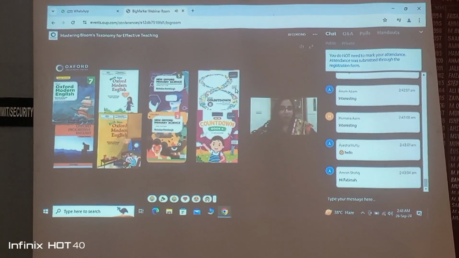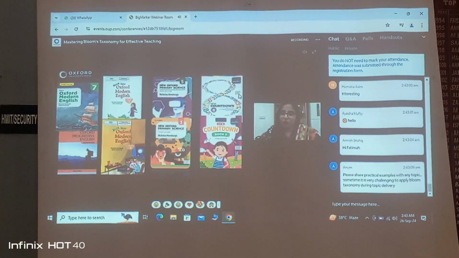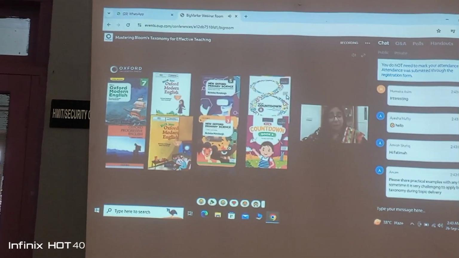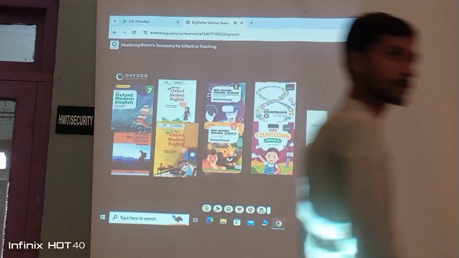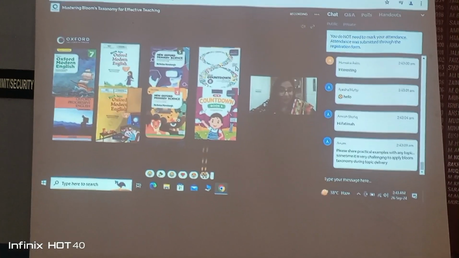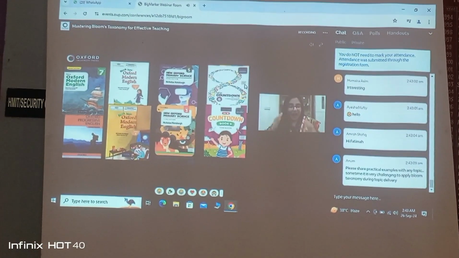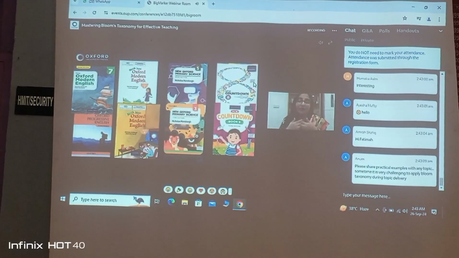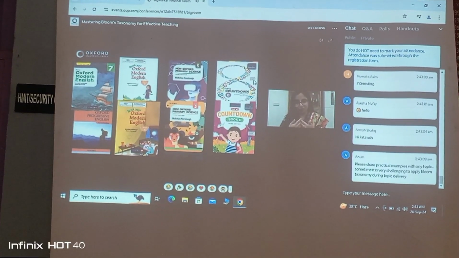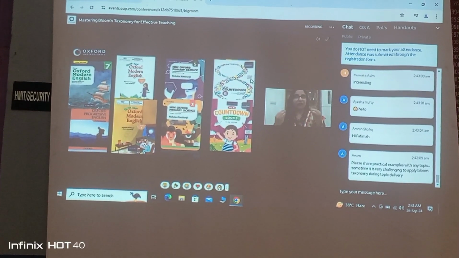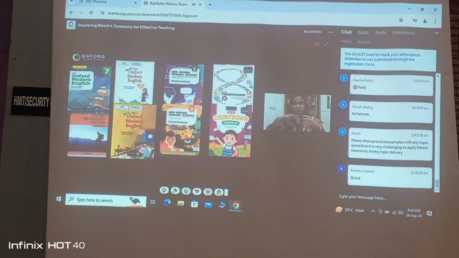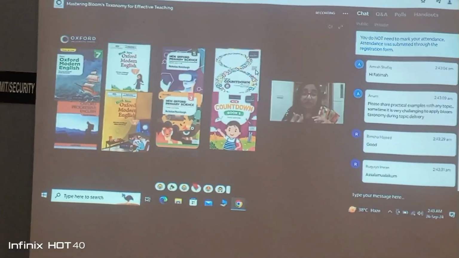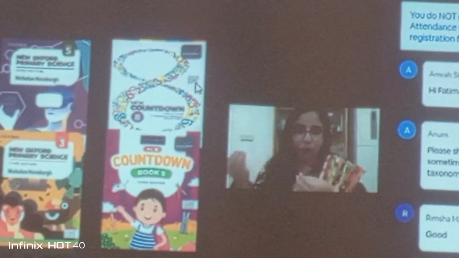But we aren't going to just see the teaching strategies. We aren't just going to focus on 3 teaching strategies, but we are really going to also see how the teaching strategies are integrated and how they are linked with Bloom's taxonomy, which is actually the core ingredient of each and every book of Oxford.